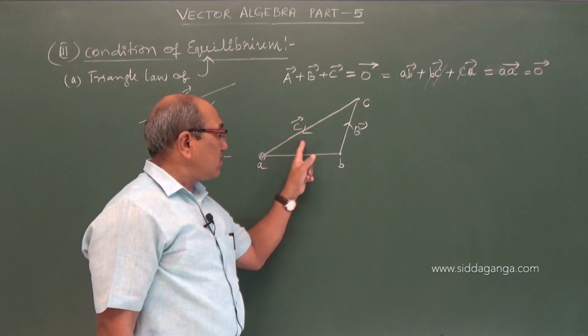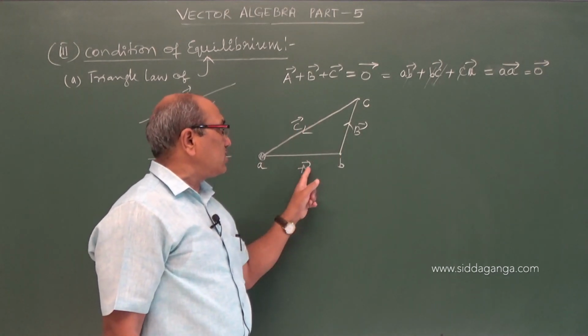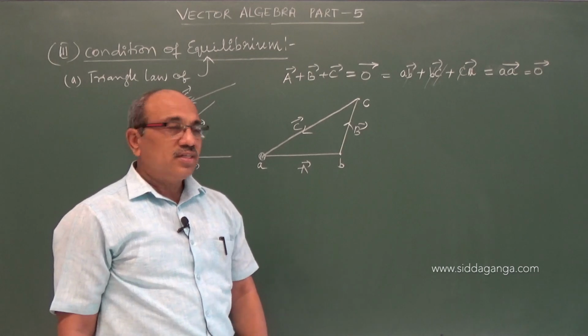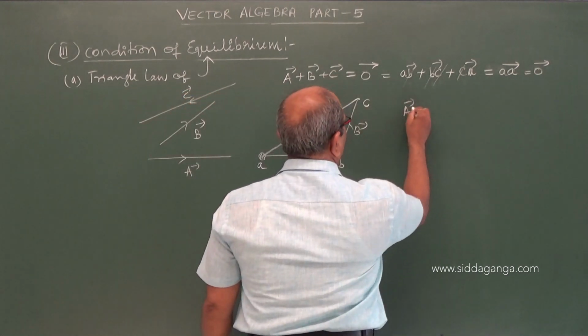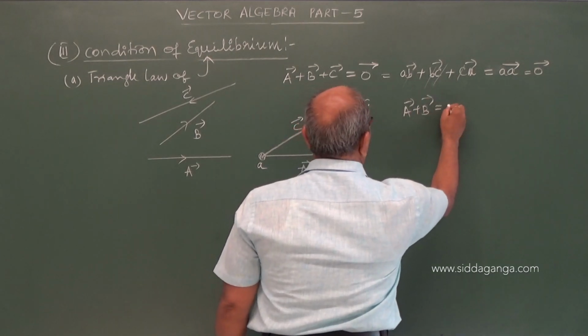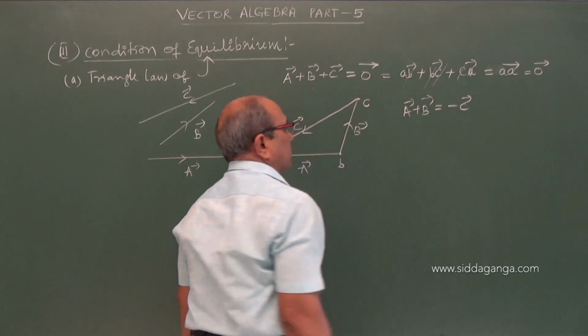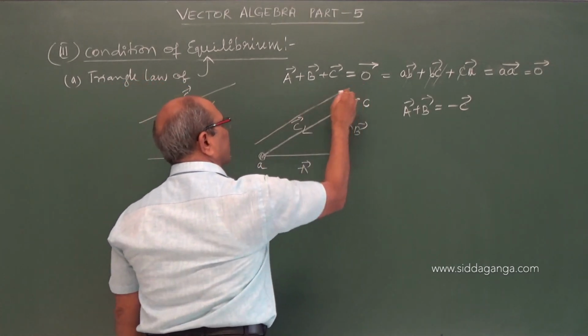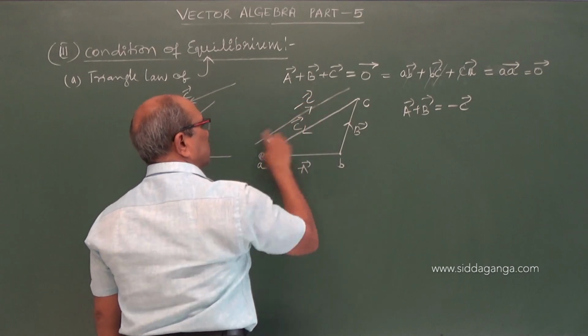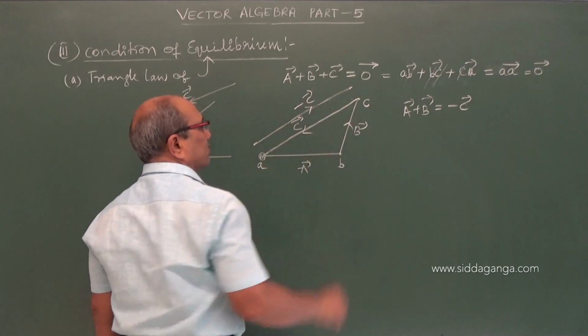And this vector I can call equilibrant against A plus B. It is equilibrium because A plus B plus C is a null vector, so A plus B is equal to minus C. Minus C I can write here like this, taken in the opposite direction.